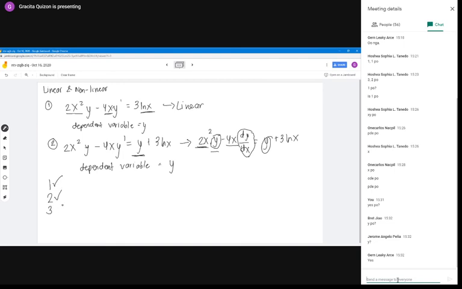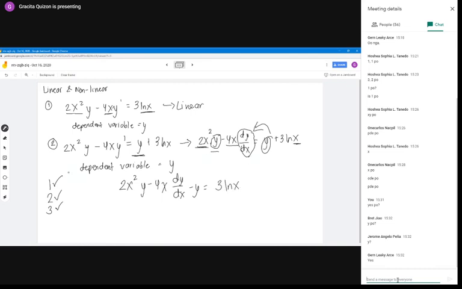For the third rule, no transcendental function of the dependent variable or its derivative. What is used here is the independent variable, so it is also okay. The only thing is that we have the dependent variable y on the right side, so we just need to transpose it to the left side: 2x squared y minus 4x dy over dx minus y is equal to 3 ln of x.